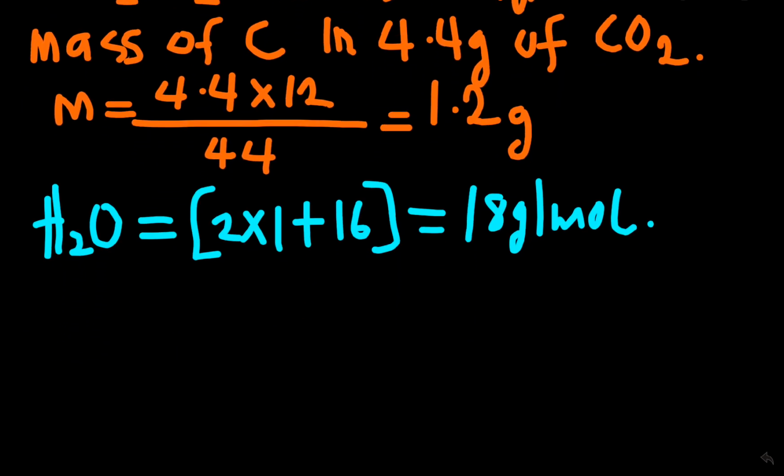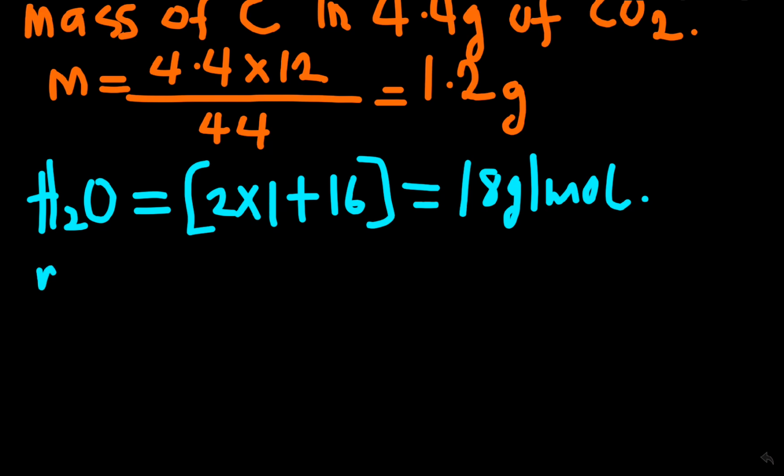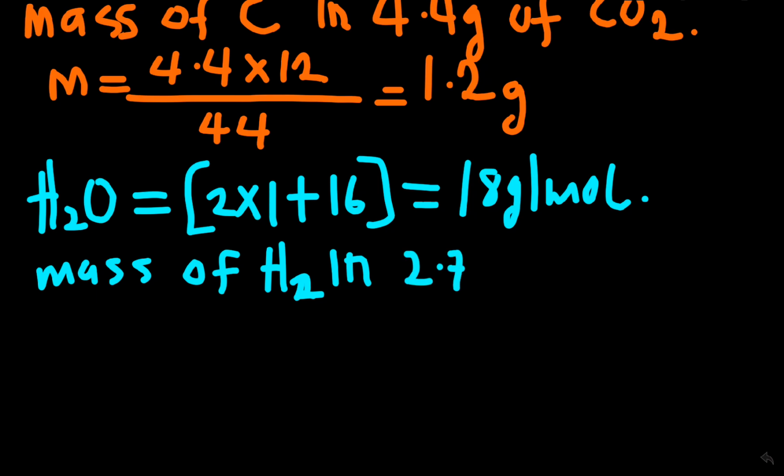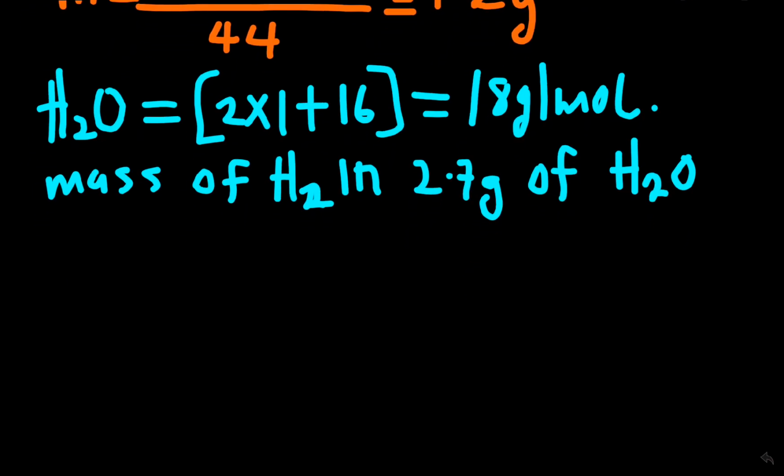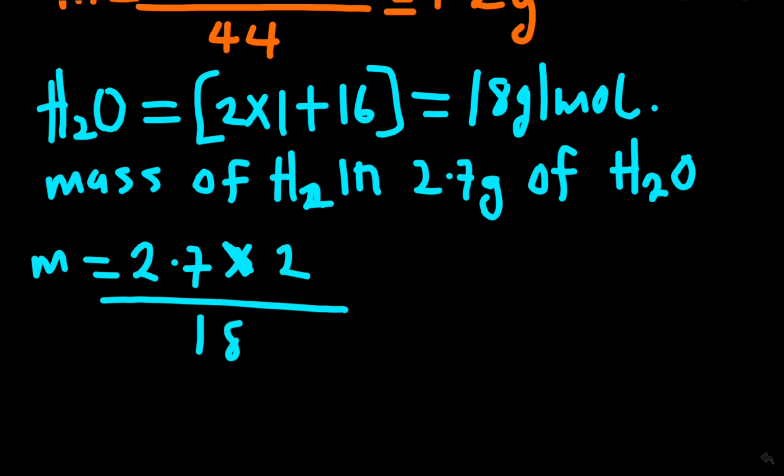Then next, the mass of hydrogen in 2.7 grams of water equals 2.7 times 2 over 18.